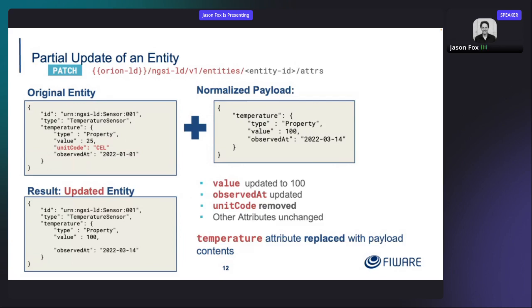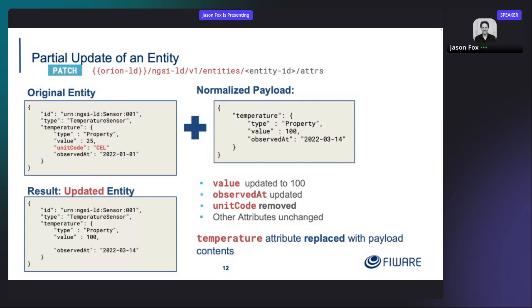Fine, it's beginning of January. Okay, if you use the attrs endpoint, the temperature will do an overwrite of that object. So you can see I used to have Celsius in there. I no longer have it because I'm not supplying it.